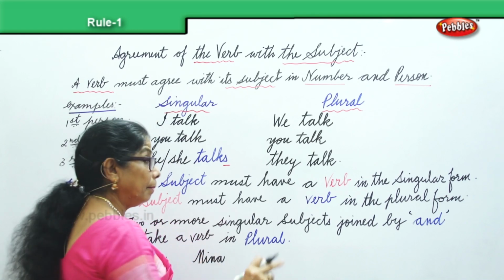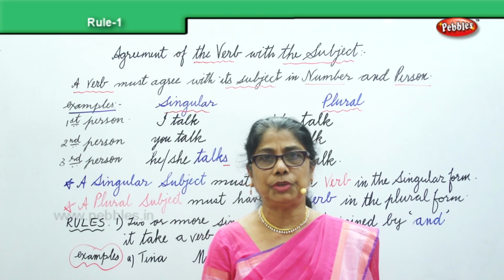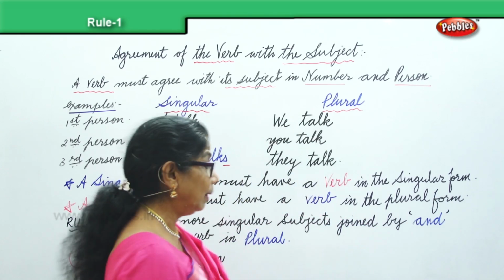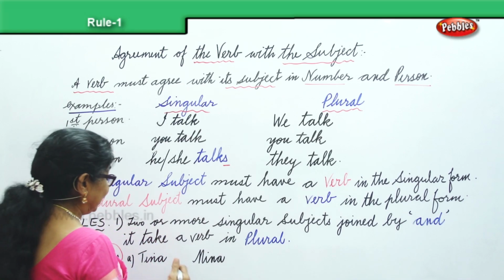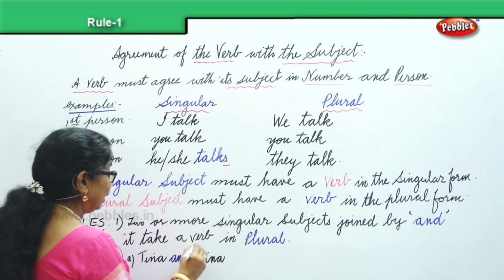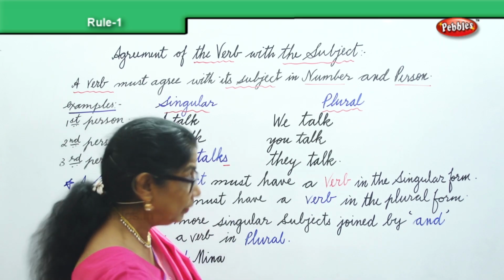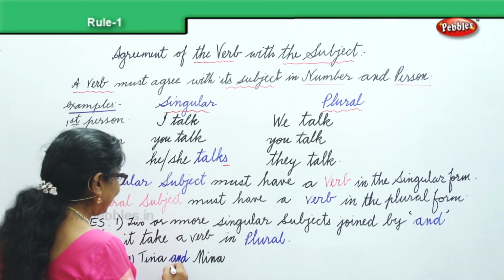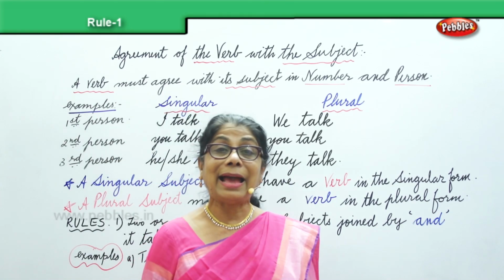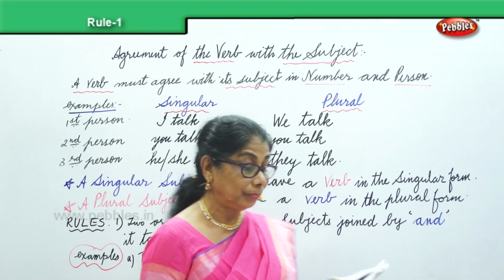Tina, Meena, both are singular subjects. Now, we are joining the two singular subjects with and. Tina and Meena. Two singular subjects are joined by and.